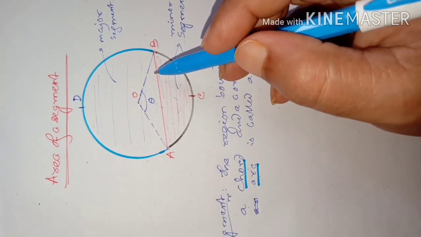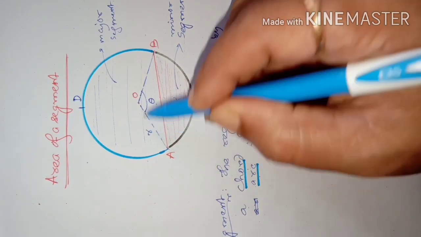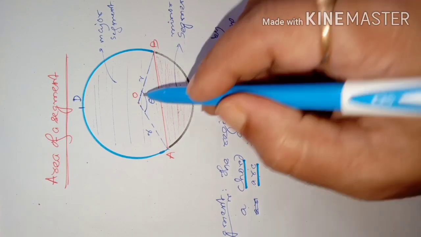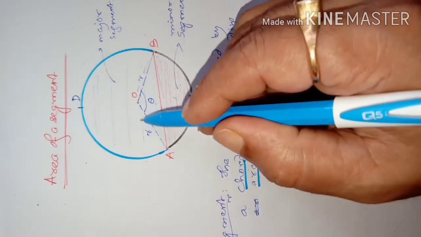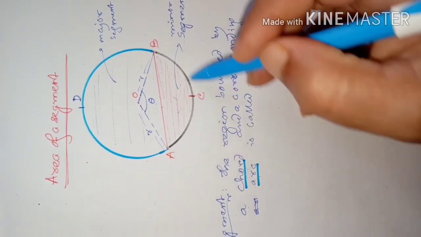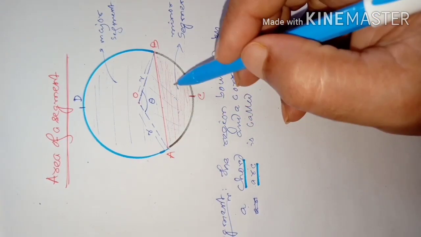Are you understanding? Because the sector's definition was the region bounded by two radii and a corresponding arc. Two radii means this is one radius, this is one radius, bounded by radii and arc. That whole region is a sector.